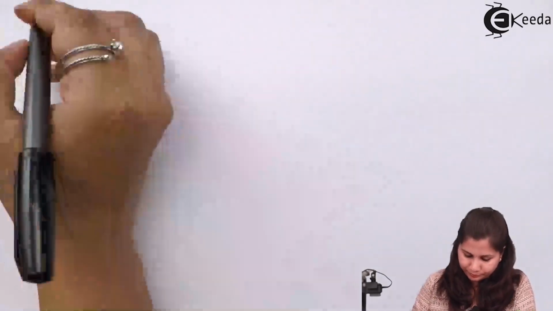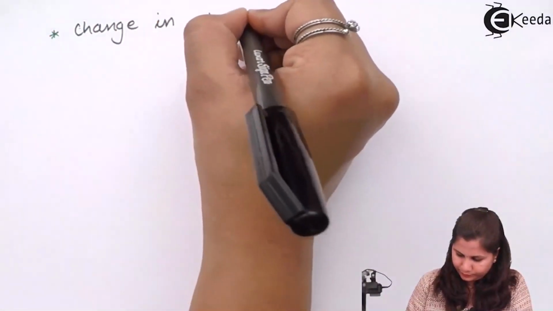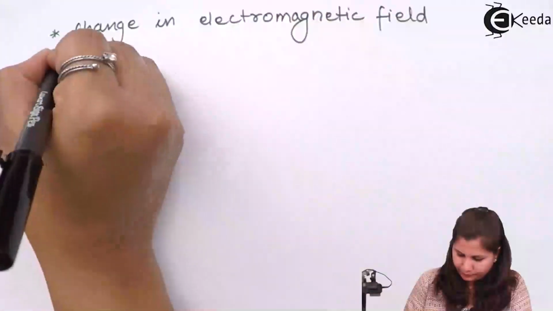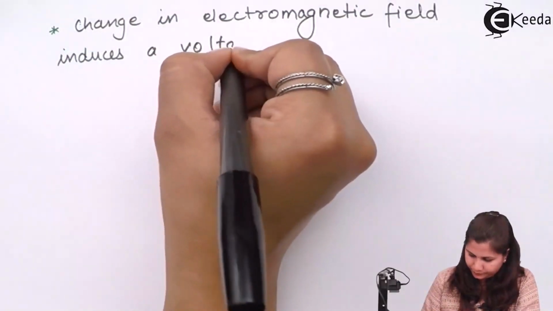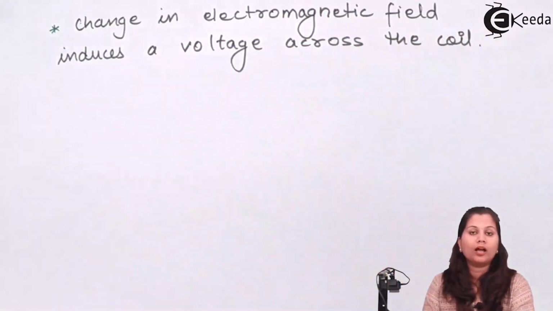As we have discussed, whenever there is a change in the direction or the magnitude of the current in a conductor, an inductance is generated.